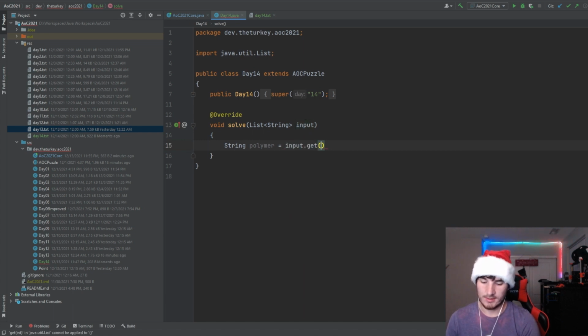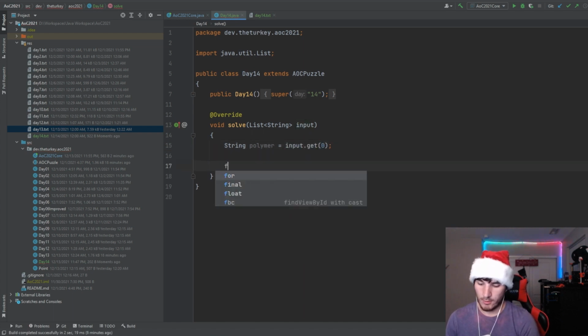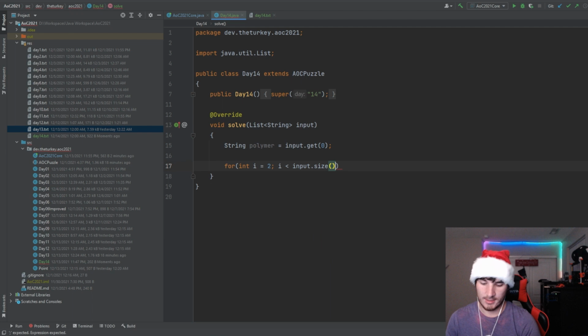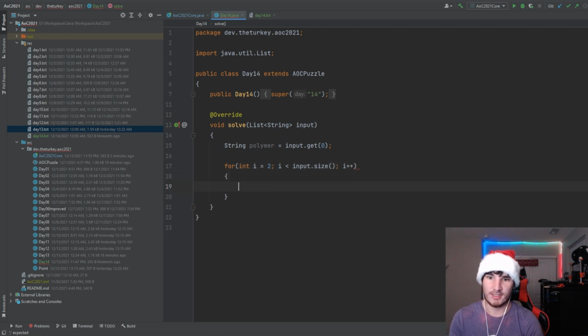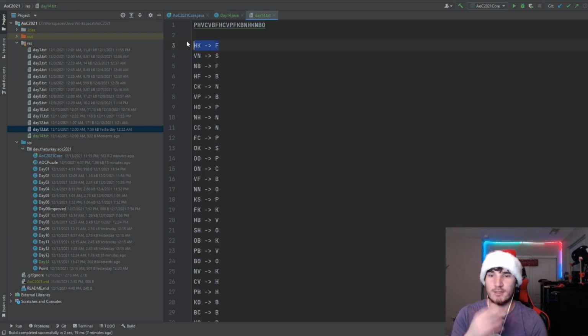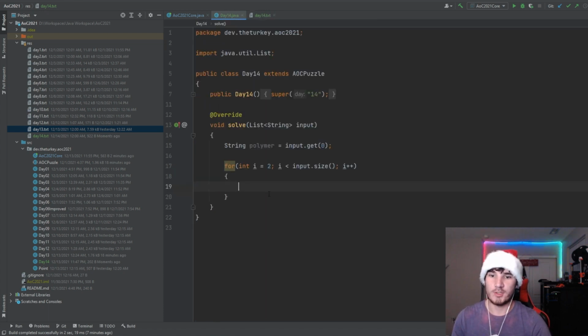Input get 0, and then we're going to go for int i equals 2, while i is less than input dot size, i plus plus. We're starting at 2 because that's where our input starts, on the third line, third index, but that's number 2, since we start at 0. And we're going to go through this and parse it.